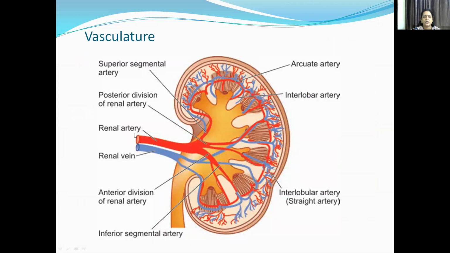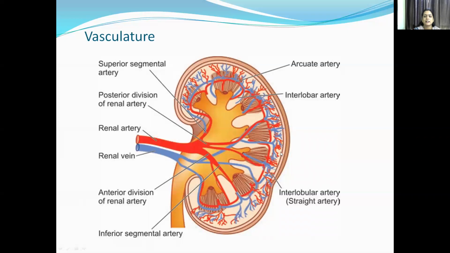Now coming to the vasculature. The renal artery arises from the aorta, and the right is a bit longer than the left renal artery. You know that the renal artery also gives rise to a branch which supplies the adrenal, right? So here the renal artery is divided into an anterior branch and a posterior branch. These are again divided into 5 segmental arteries. These 5 segmental arteries are again divided into the interlobar arteries. Again, they are divided into the arcuate arteries and the interlobular arteries.